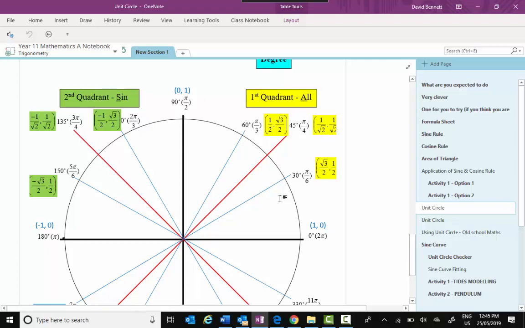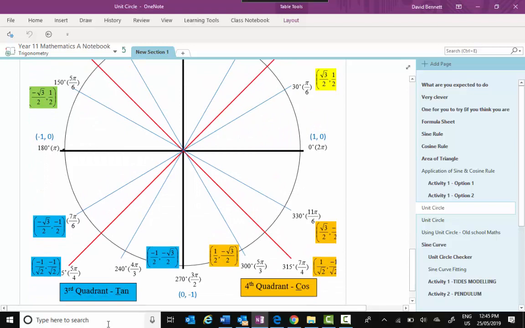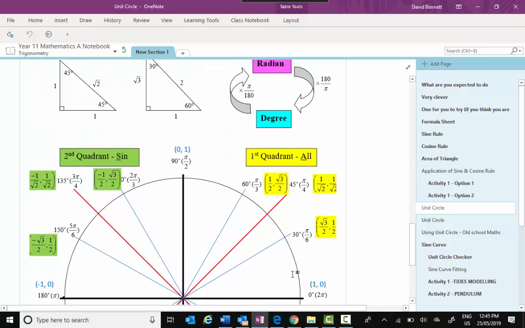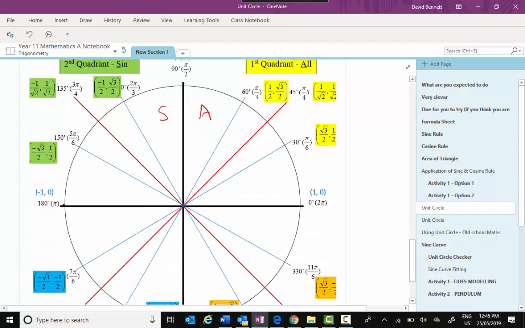In the first quadrant, all of them are positive. In the third quadrant, tan's the only one that's positive, and in the fourth quadrant, cosine is the only one positive. We can remember that by using maybe a saying, South Australian Tennis Club. But you don't need to remember that because it's actually on your formula sheet, which is really cool.